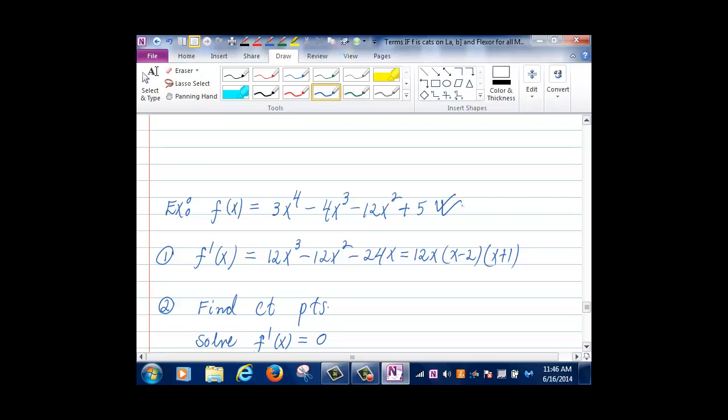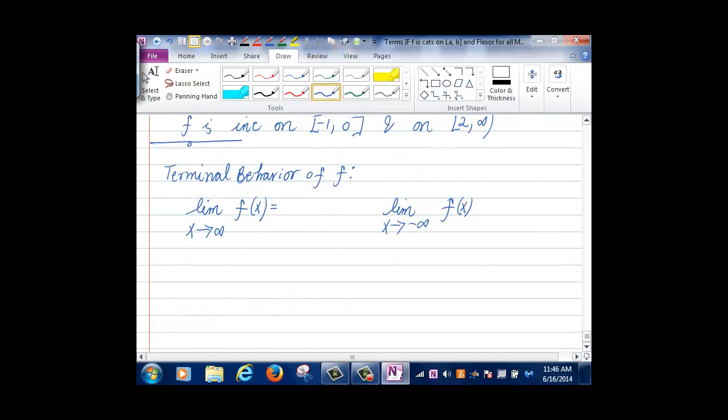And what's the limit of 3x to the 4 at negative infinity? Infinity, because the power is 4. So then the limit is infinity here, infinity here. So I now know that as x gets bigger and bigger, the value of the function f is also getting bigger and bigger. And as x goes to negative infinity, the value of the function goes to positive infinity, right?